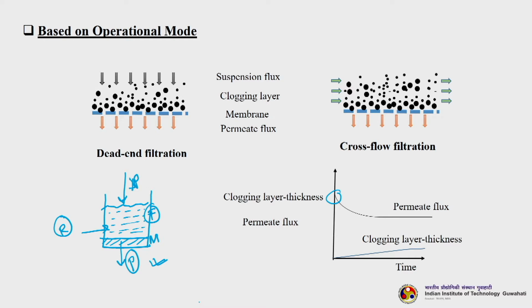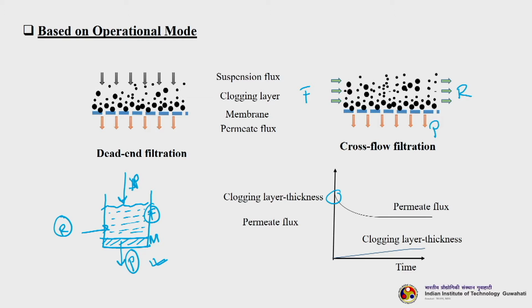Then the next one is the cross flow filtration. In cross flow filtration, you can see the feed is coming from here, passing over the membrane surface, and we get retentate here and permeate here.